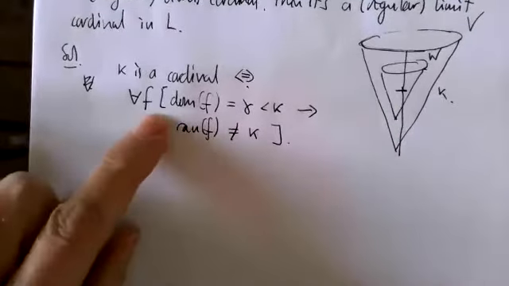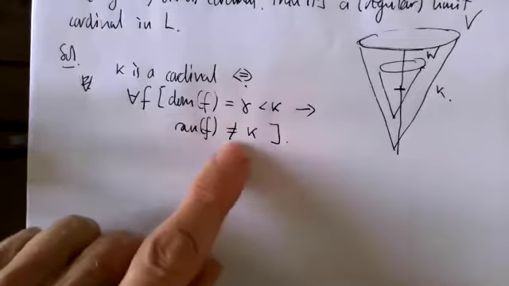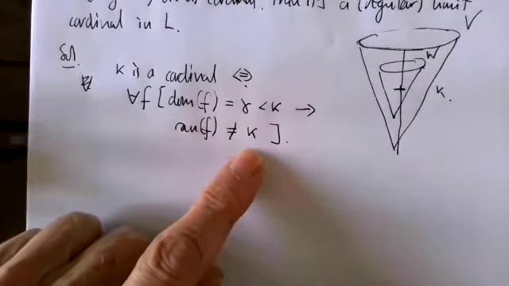So there's no onto map from a smaller ordinal onto kappa.